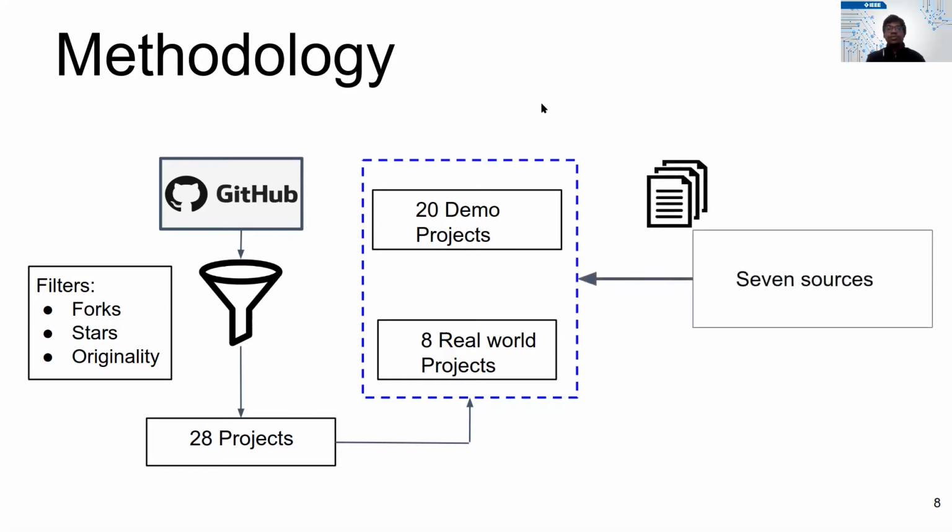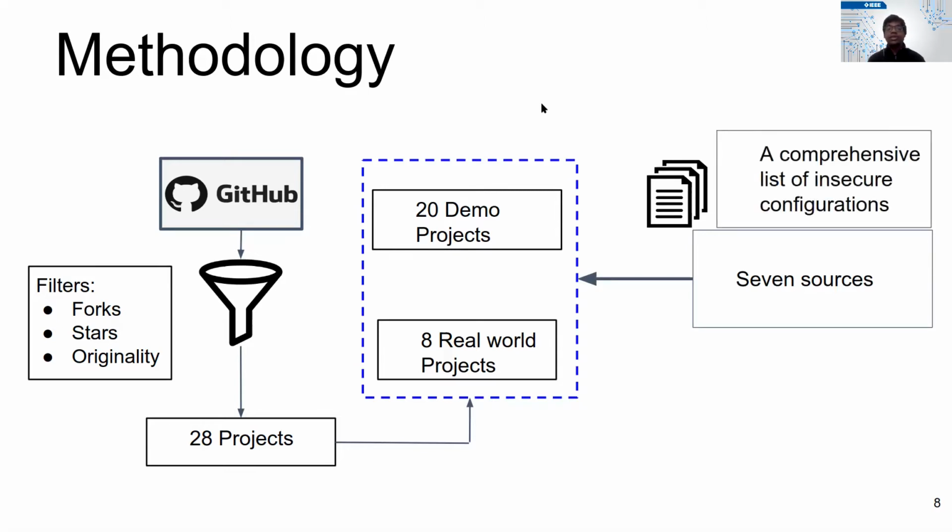We also surveyed the literature, and from 7 reliable sources and exhaustive searching on these 7 sources, we created a comprehensive list of insecure defaults in the literature, and we compared the presence of these insecure configurations on the 28 projects we have collected.